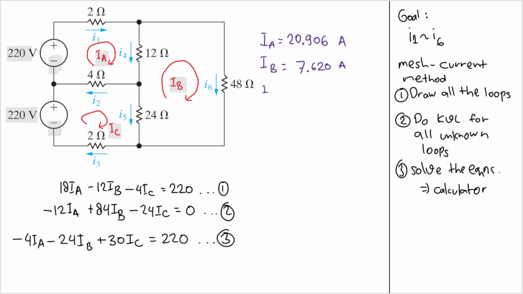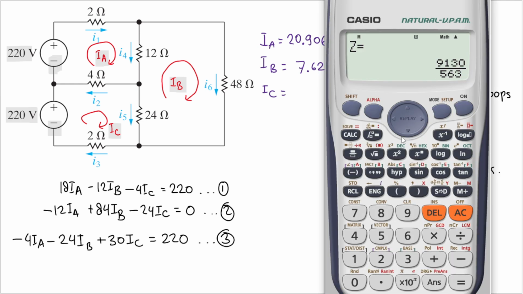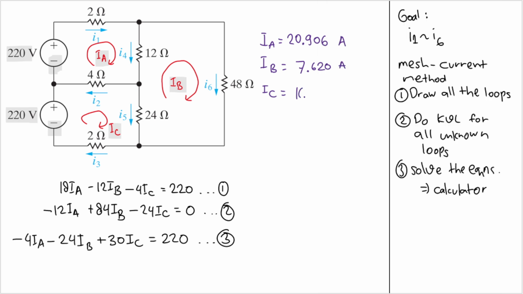And then what is IC? IC is the Z value here, so I'll have 16.217. And the unit will be ampere.